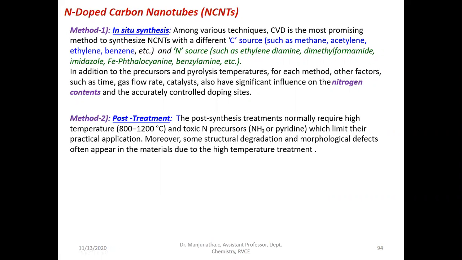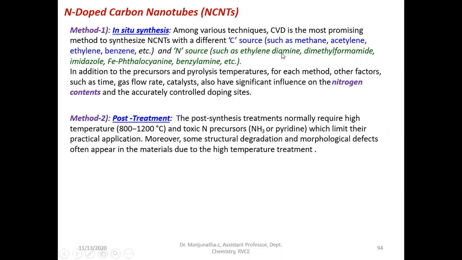In the previous video I explained the chemical vapor deposition method we use for the preparation of carbon nanotube. So during the preparation of CNT in the CVD itself, by using another nitrogen source along with hydrocarbon, we can prepare this nitrogen doped CNT.